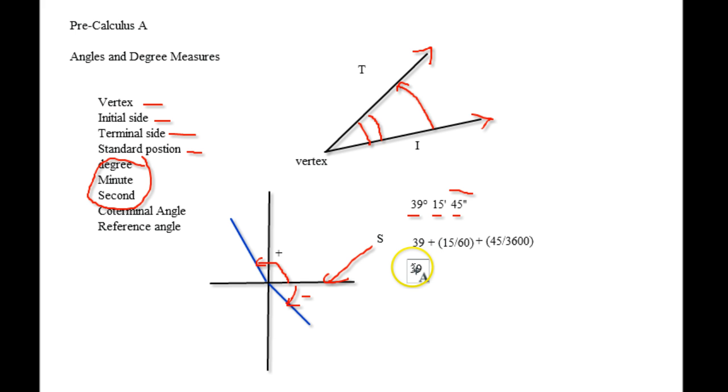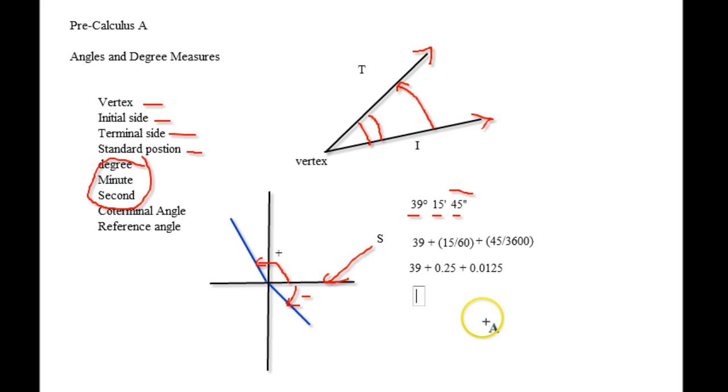So this should be 39 plus, do my calculator, 15 divided by 60. That should be 0.25. And then I go 45 divided by 3,600, that's 0.0125.